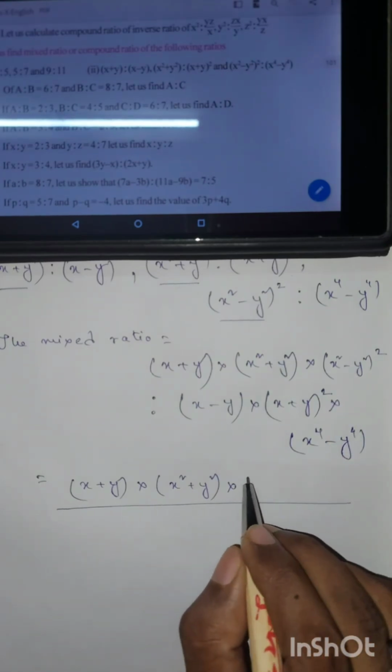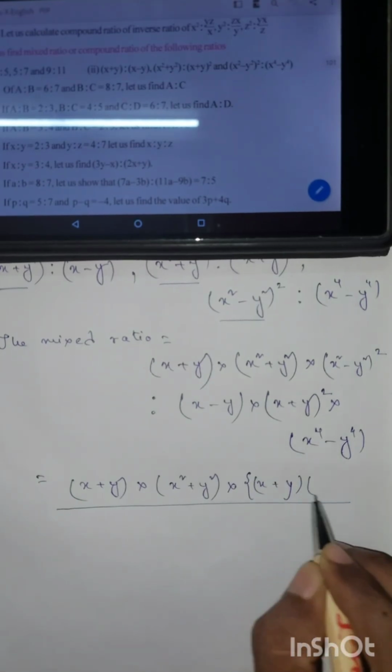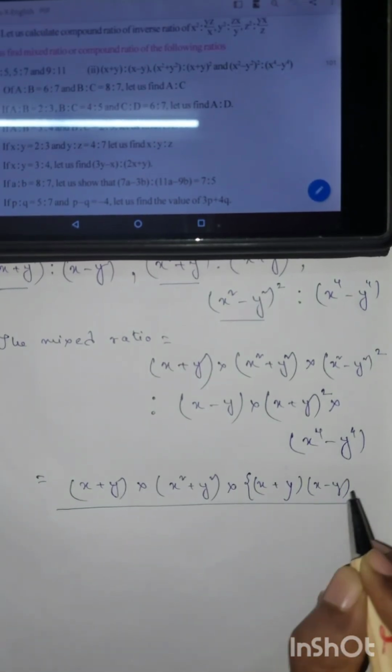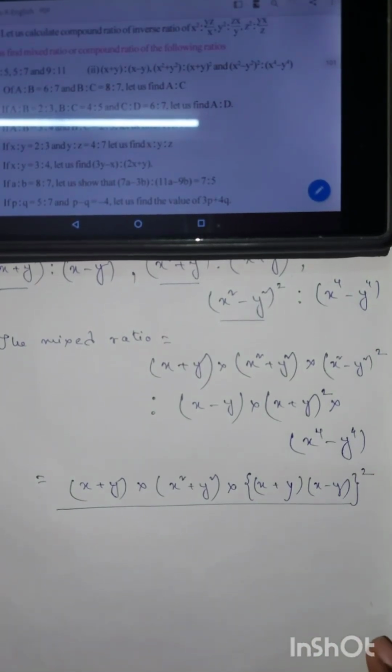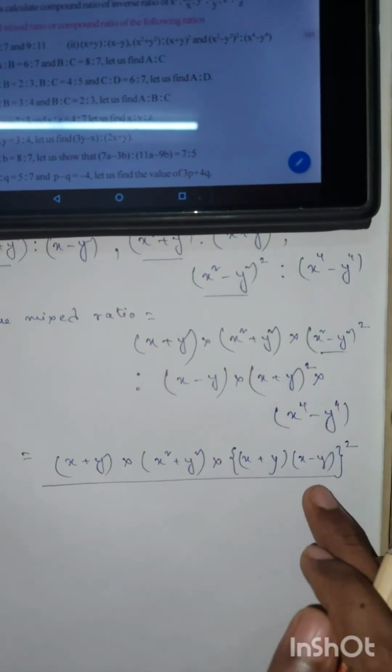That means we can write it x plus y into x minus y whole square. Okay, this term can be written as this.